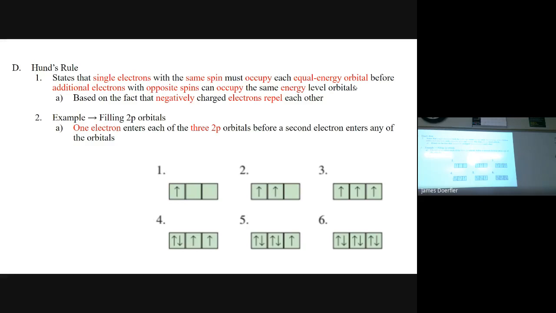And by general rule of thumb, we always start with an up arrow. But you also notice that each of the boxes gets an up arrow before we begin doubling up. So here on the 3rd step, all 3 boxes have an up arrow. So now that we can start doubling up, you notice when we double up, we have the opposite direction arrow.